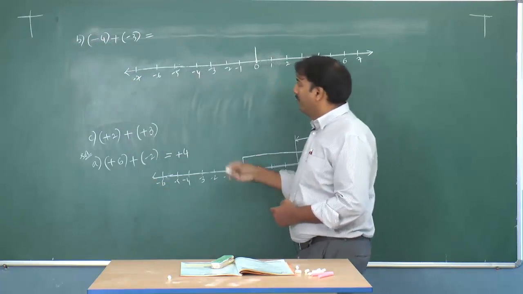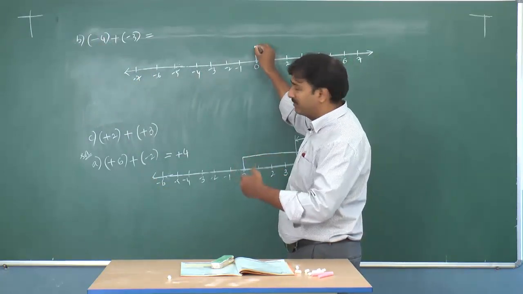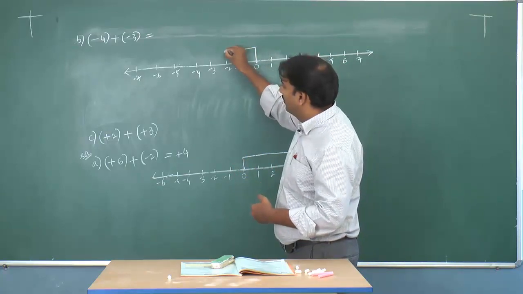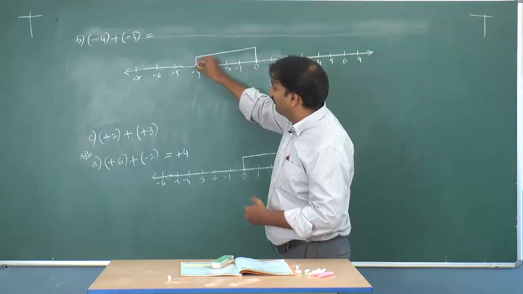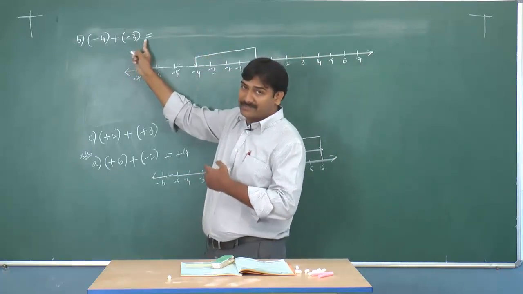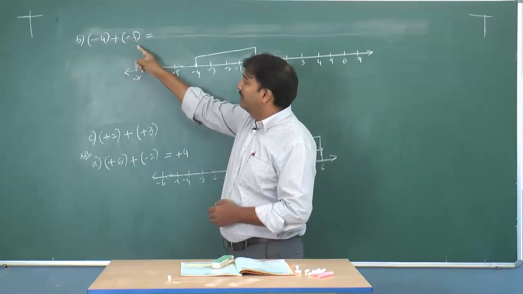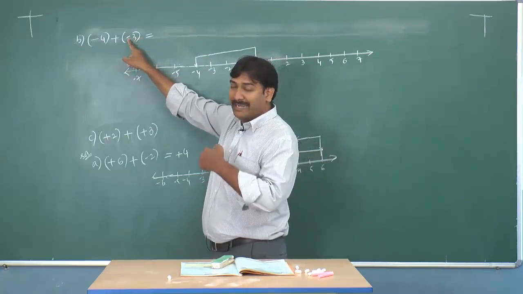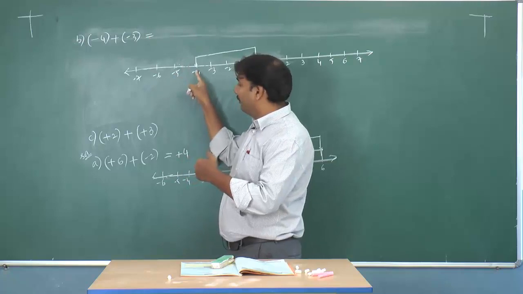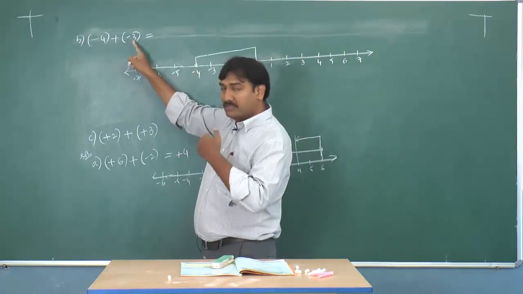It's going to be 1, 2, 3 and 4. Here we stop. And now from here we need to add minus 3 to it. As we are going to add minus 3, we again need to move in the negative direction from the position where we stopped. The minus sign indicates that we still move in the negative direction.